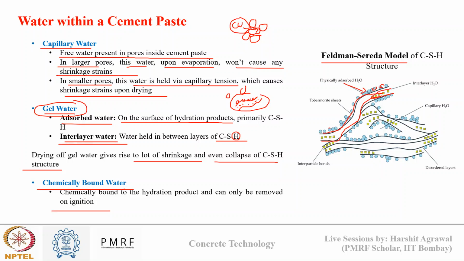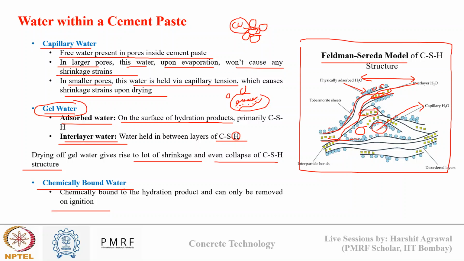The water shown by these yellow crosses is interlayer water, so they both come in the category of gel water. And the water present in between these hydration products, in these free spaces, is capillary water. So this is a very famous representation to understand different types of water in a cement based system.